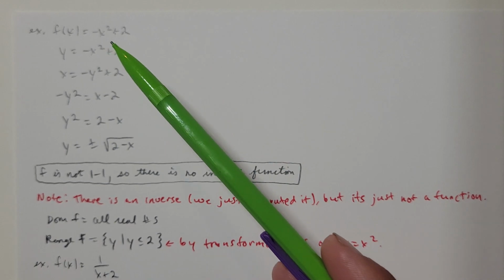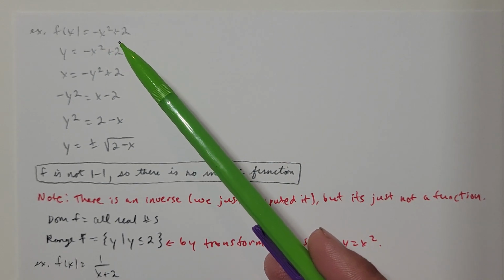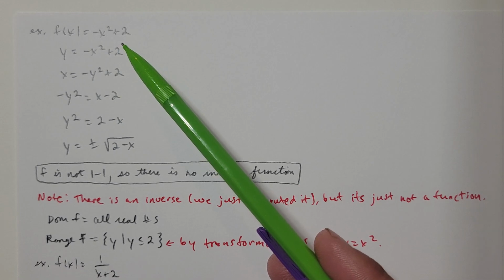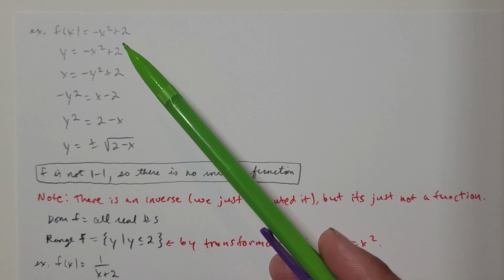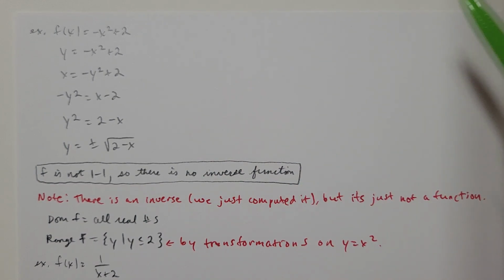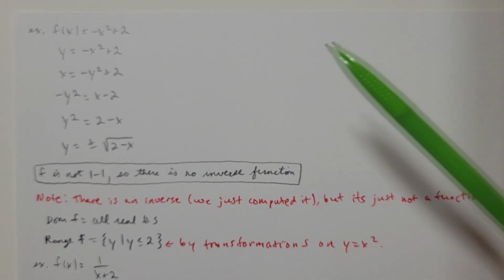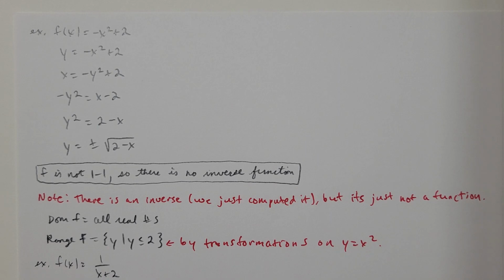I don't have any division going on, and I don't have any square roots. Okay, so all real numbers all the time for this function, right? Because this function is saying pick a number, can be any number, whatever number that is, square it, multiply by negative 1, and then add 2. And I'll just get another number in return. I can do that, though, to any number I want. Okay, so the domain would be all real numbers.